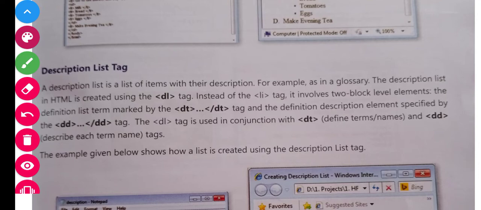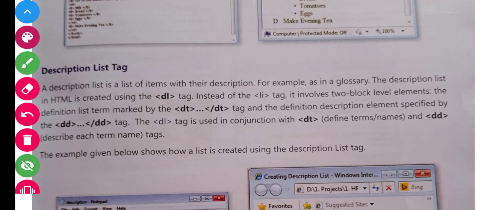It involves two block level elements: the definition list term marked by the DT tag and a definition description element specified by the DD tag. The DL tag is used in conjunction with DT, which gives term names, and DD, which describes each term.